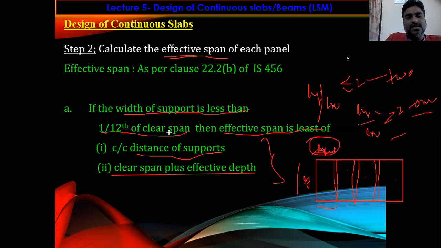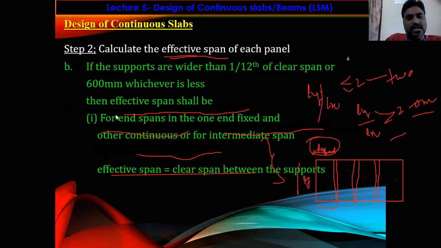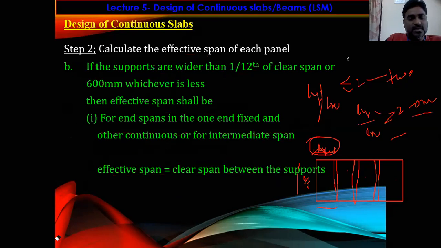If the width of the support is greater than 1/12 of the clear span or 600 mm, whichever is less, then you need to calculate the effective span differently. Again, there are two cases.